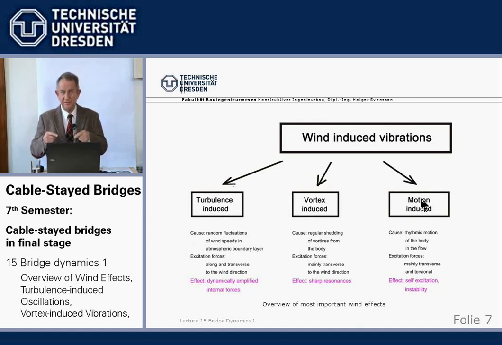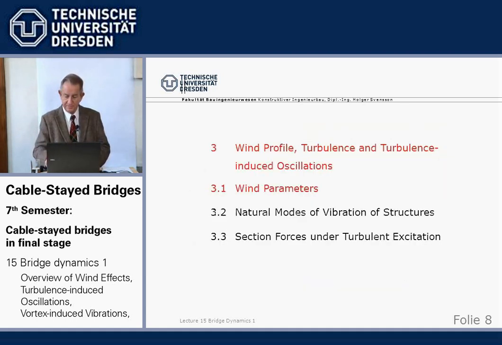And this phenomenon, for example Tacoma, is like a stability problem, which we have in buckling. The movement of the bridge can go beyond all limits and can destroy the bridge. So, turbulence, vortex, and motion-induced, we say here.